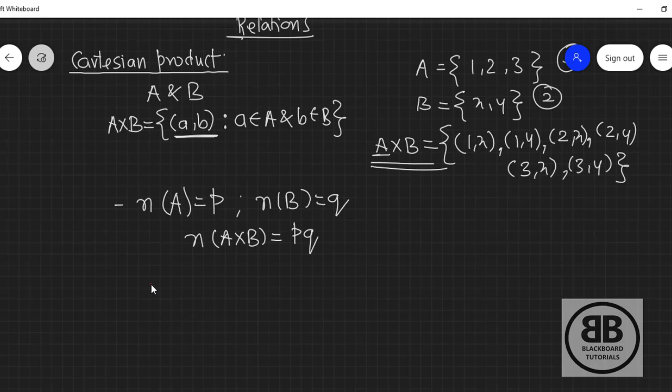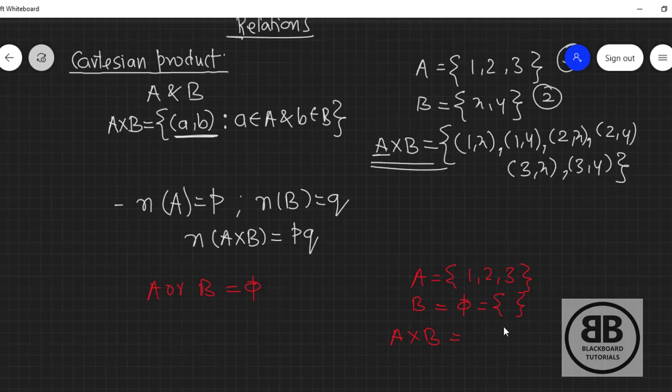Suppose A or B is the empty set phi. Let A be {1, 2, 3}, but suppose we have taken B as the empty set, meaning there is no element, then A cross B will be what?